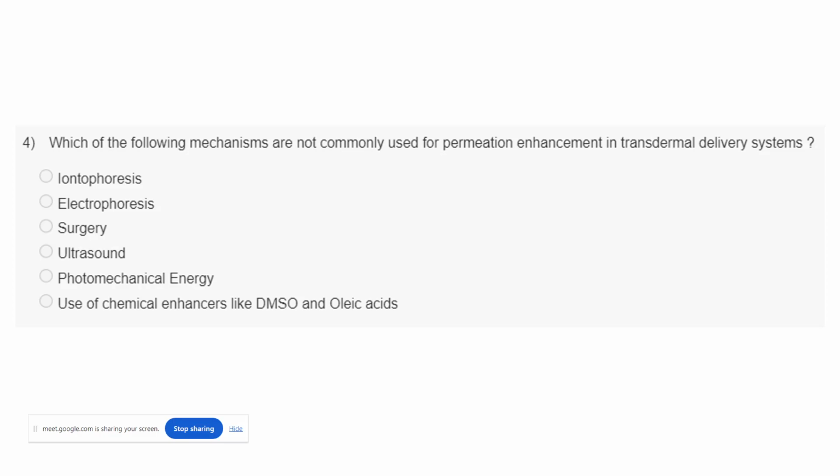Okay, we are on to the fourth question now. Which of the following mechanisms are not commonly used for permeation enhancement in transdermal delivery systems? Surgery.